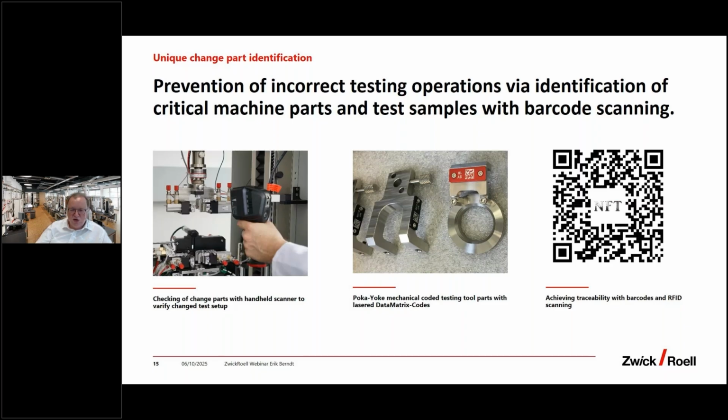We have codings where we can verify that only the right parts are in the right position in the machine. With these, we can utilize the hand scanner and ID everything before starting a batch. This ensures repeatable, reliable tests as well as test data confidence.